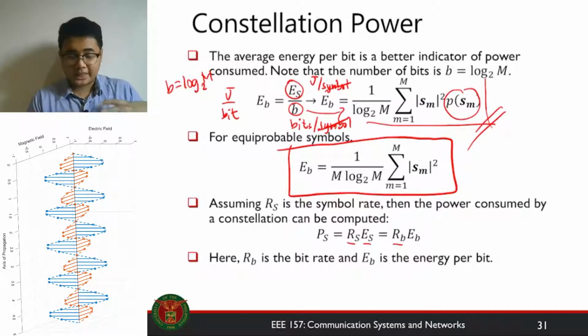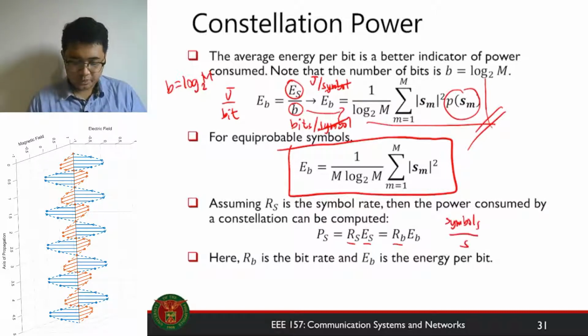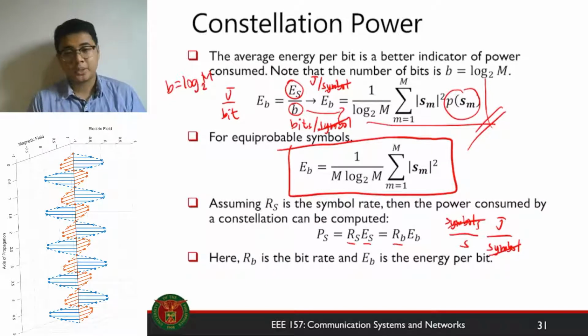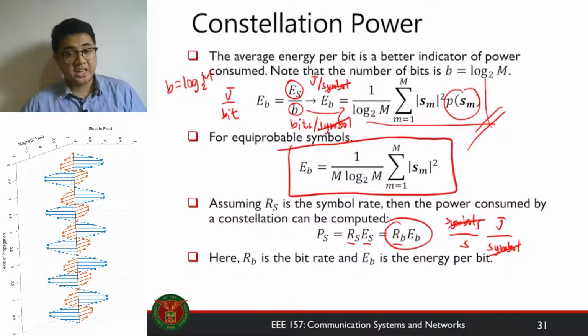If you perform dimensional analysis, R sub s is in symbols per second and energy per symbol is joules per symbol. So the symbols cancel and you'll be left with joules per second, which is a unit of power. Similarly, that's what you get when you perform dimensional analysis for the bit rate and the energy per bit. And that's how you compute the constellation power.